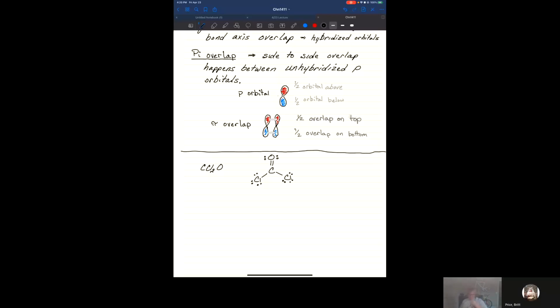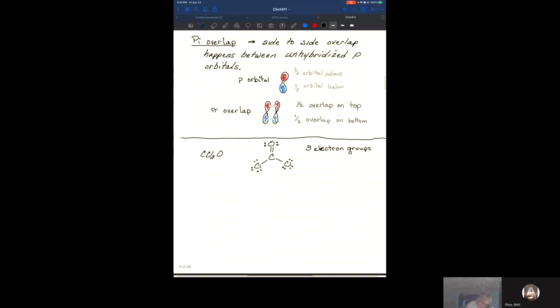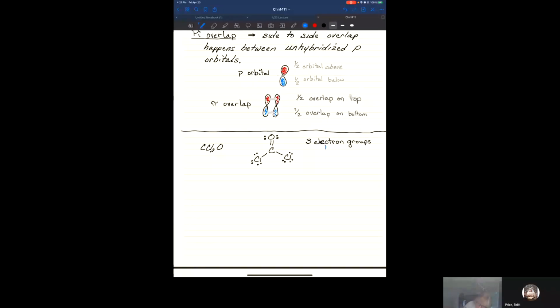If we concentrate first on what carbon is doing, I see that carbon has 3 electron groups, and 3 electron groups means 3 hybrid orbitals.